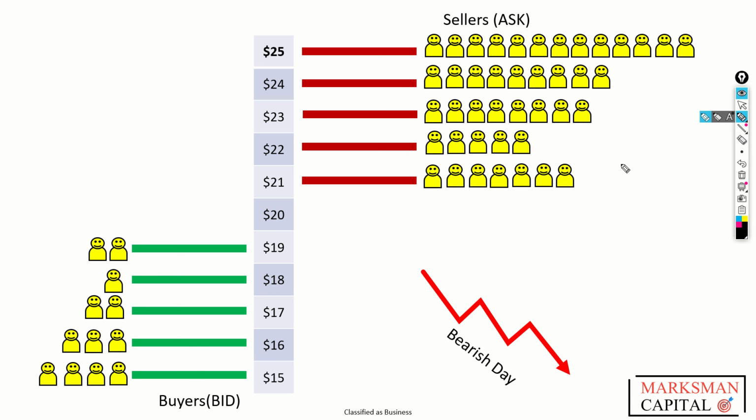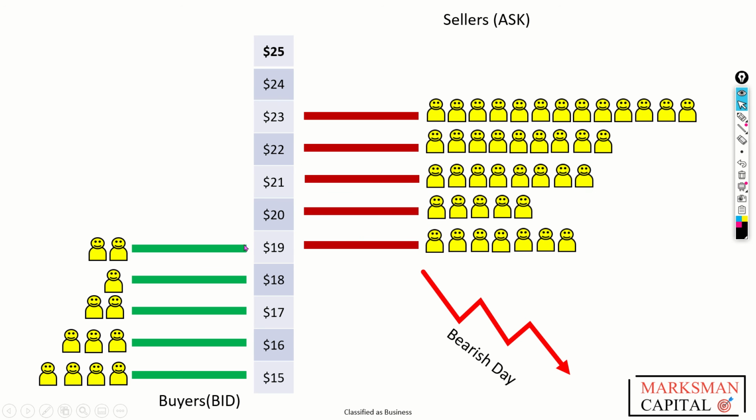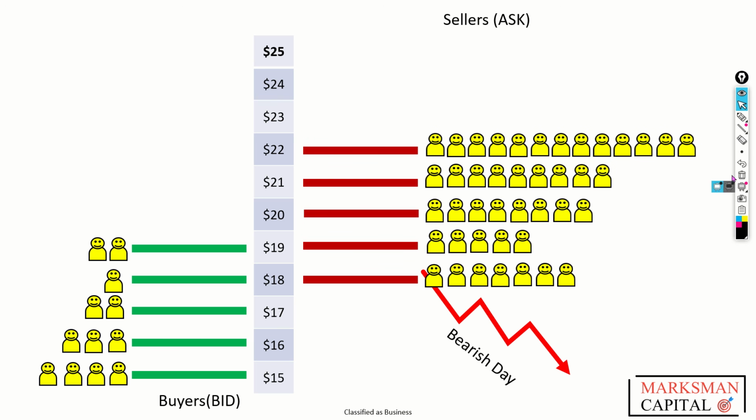Now, on a bearish day, if the sellers are very impatient, they'll start selling at a lower price. So let's say, for instance, if they go down to 19, that's only when they can get satisfied, with two buyers cancelling out two sellers. Then you have a remaining 5 sellers right here. So you still have a lot of sellers in this price ladder. And of course, if they still cannot wait, then this will go further down.